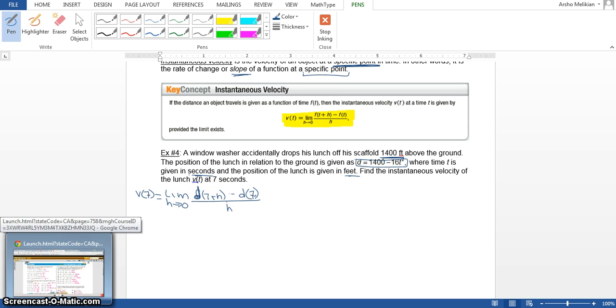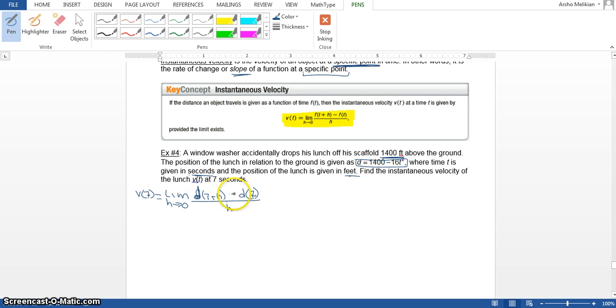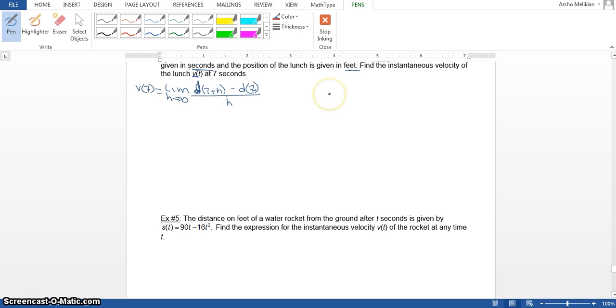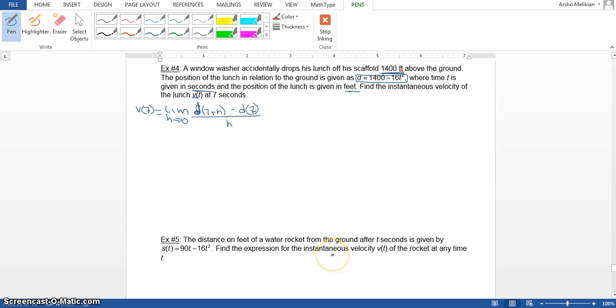So let's do some of our preliminary work here. I want to first find what d of 7 plus h is. It's 1,400 minus 16 times 7 plus h squared. So this is 1,400 minus 16 times 49 plus 14h plus h squared.